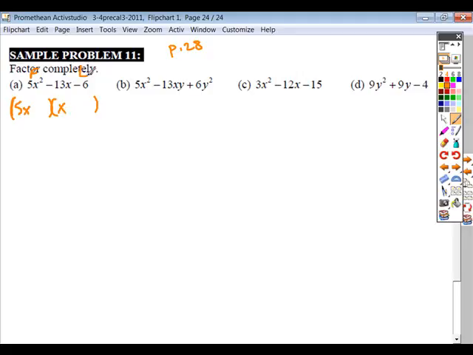Now, your last terms have to have a product of -6, and then the outer plus inner terms have to equal -13. So let's take a look at all the possible factors of -6.